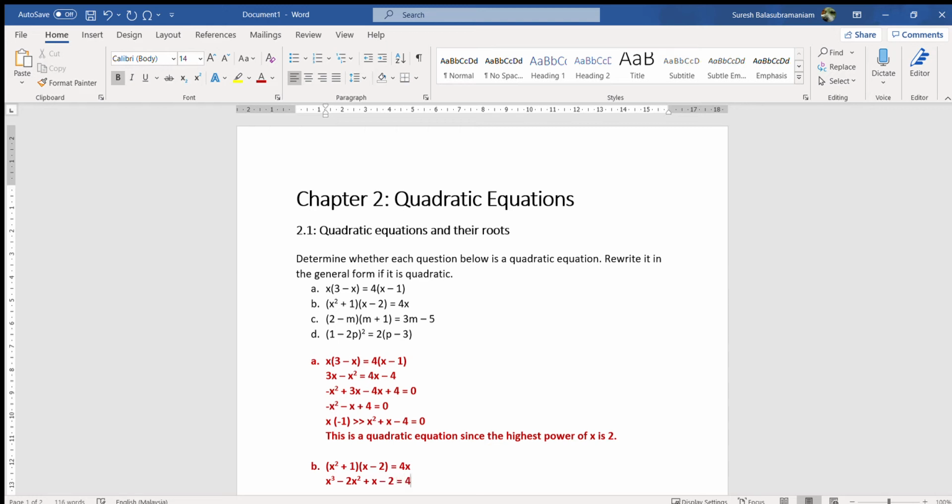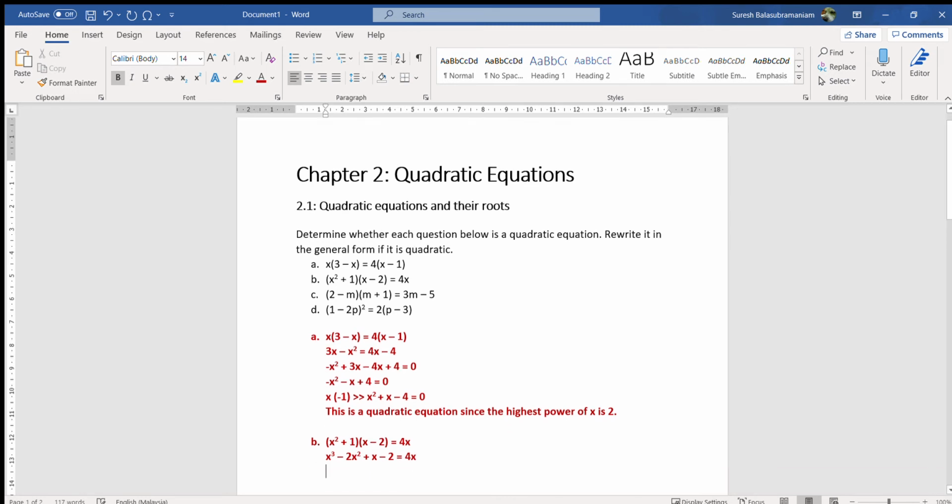equals to 4x. In this question I will not try to expand the question anymore because I've seen the highest power of x is 3.